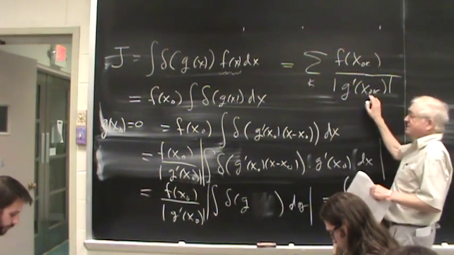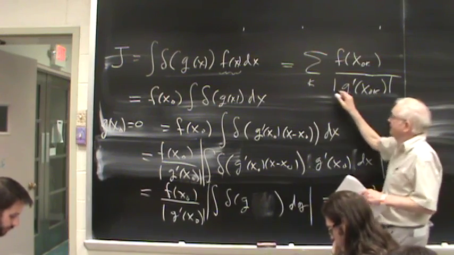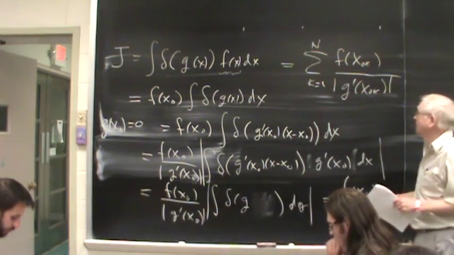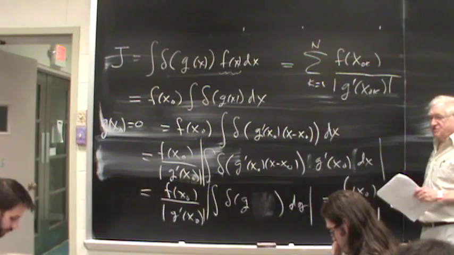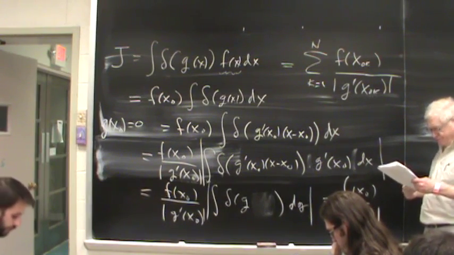In other words, there might be several points, x0k, k equals 1 to n, however many zeros there are. And for each of these, you just form this ratio. So you just repeat the thing around each zero.